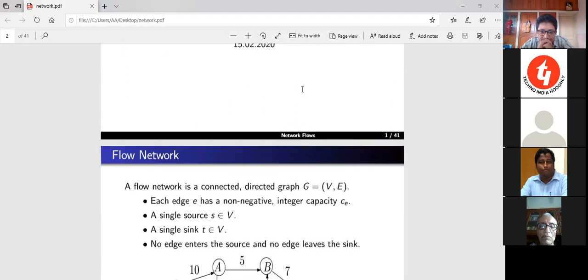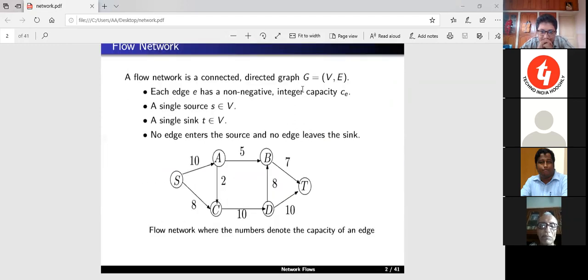We have a network in which we have nodes and we have directed edges. So for example, you can see the picture here. S, A, C, B, D, and T, these are the nodes, and directed edges. So there is an edge from S to A, S to C, A to C, and so on. You can see the directions on the edges.